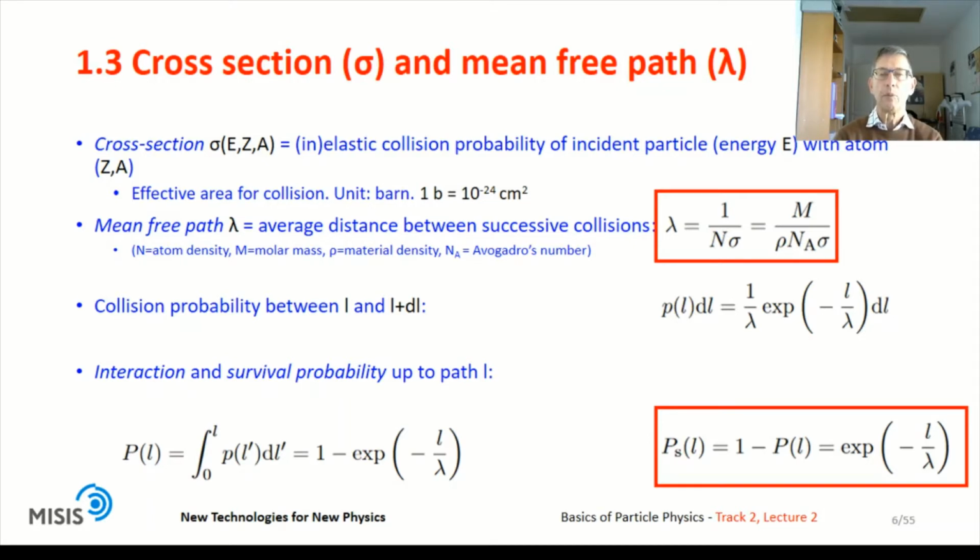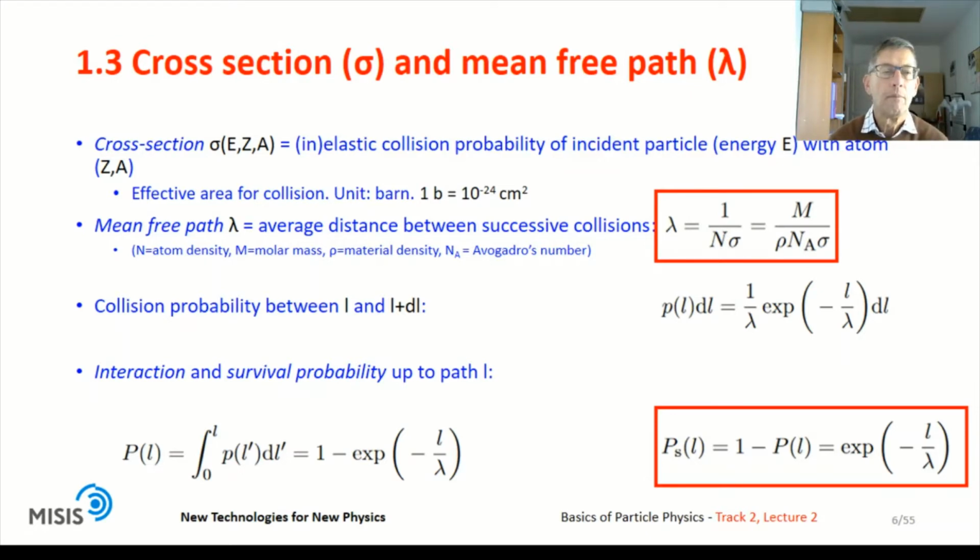And the unit that we use for this probability are barns, and 1 barn is 10 to the minus 24 centimeters squared. And this is understandable if you realize that the average size of a nucleus is about 10 to the minus 12 centimeters, and so the radius squared would be 10 to the minus 24.